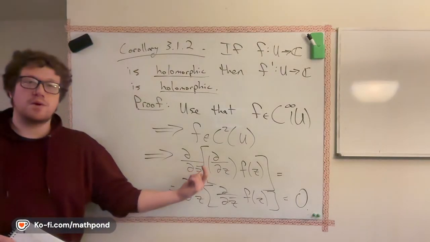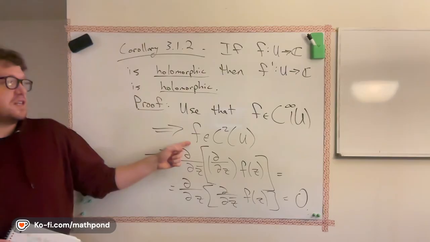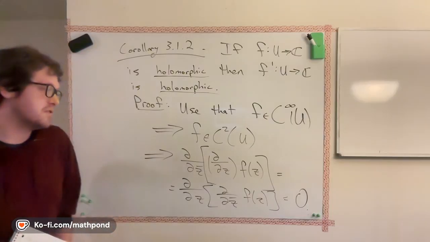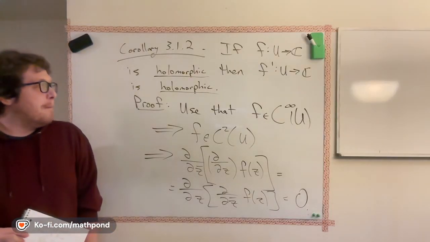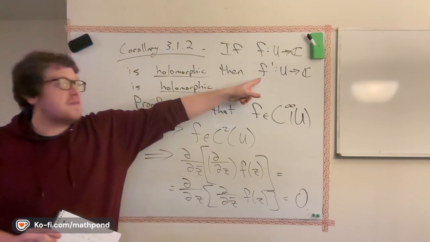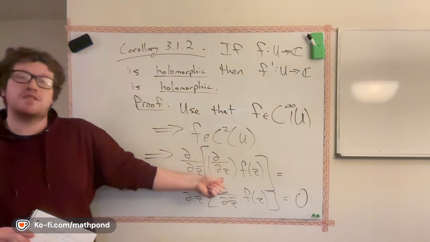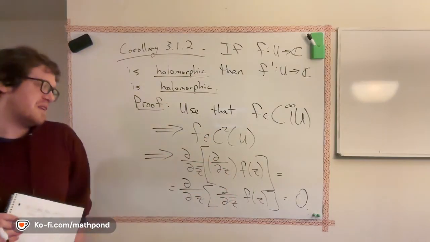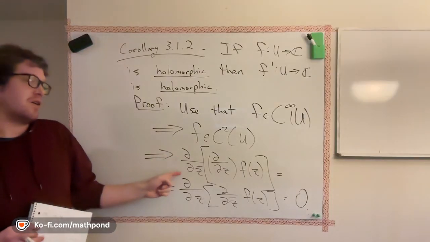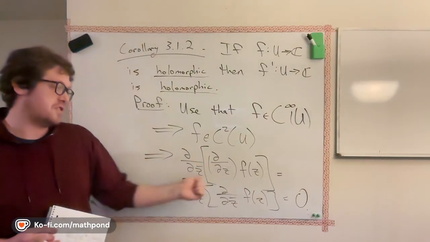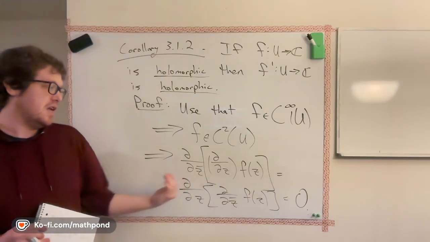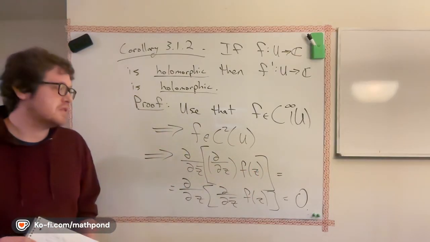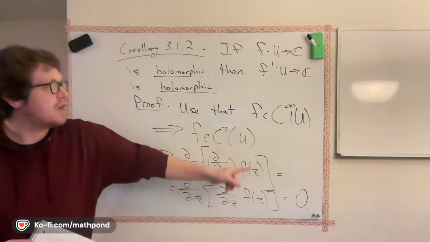It really just has to do with this swapping, the fact that it's C2, and we know it's C2 because it has, in fact, infinitely many derivatives. If you want to know the derivative of f, you just take the derivative with respect to z. And if you want the second derivative, you just take a second derivative. All the derivatives with respect to z bar are always 0 because of the same argument: you can always commute them and put the z bar one first, and then that one's always 0 because f is holomorphic.